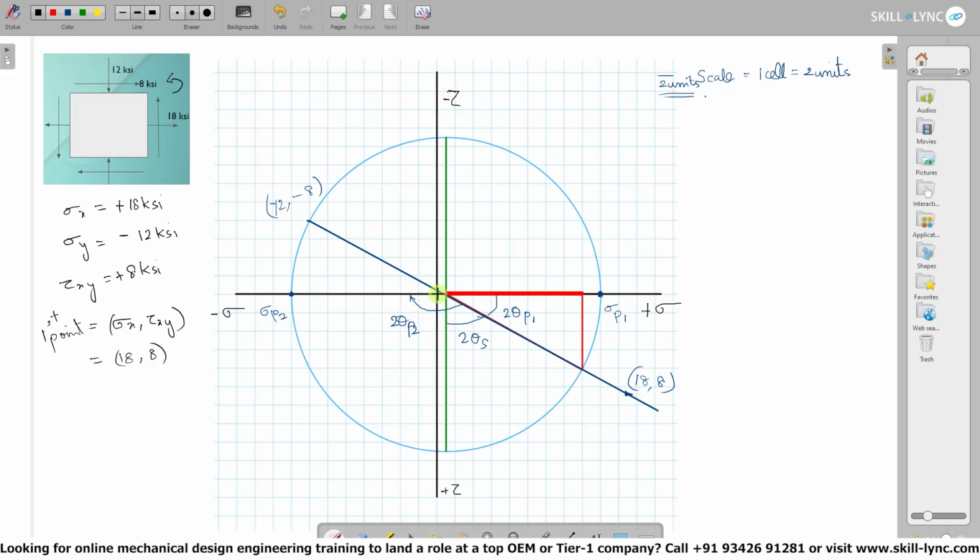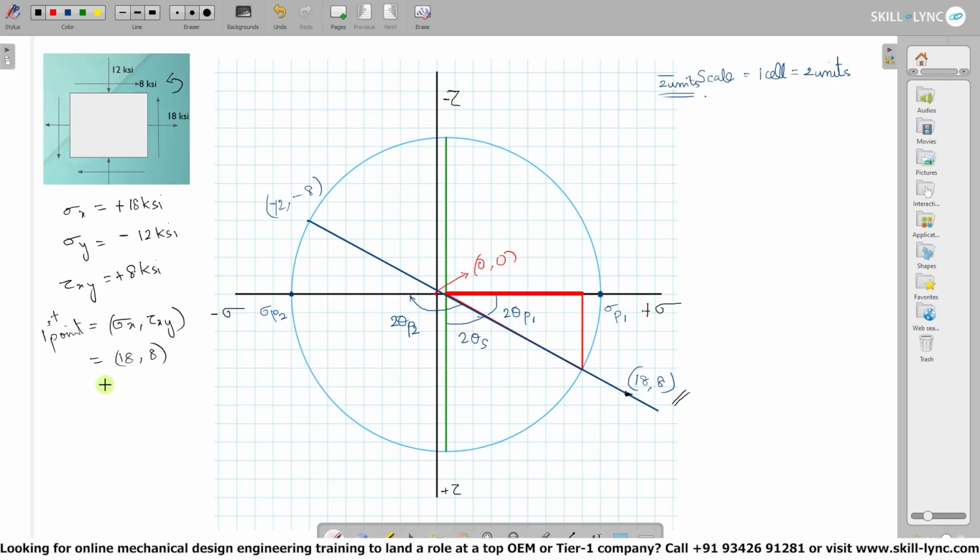Now the origin point is going to be 0, 0. When we take the scale, we plot 18, 8 here. So this is going to be our first point.